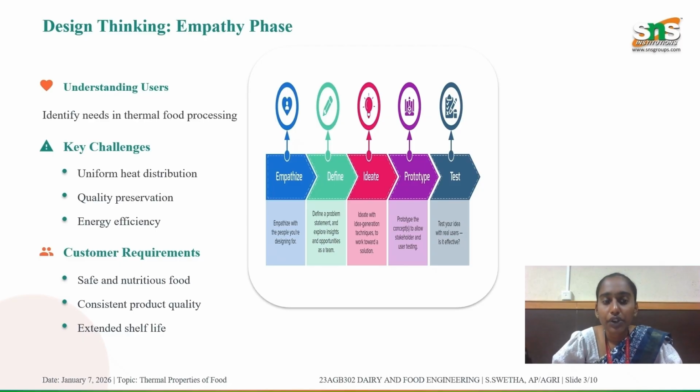And what are the customer requirements? Safe and nutritious food and consistent product quality, which is very important for brand reputation. And by using these thermal properties, we can define the shelf life extension of various food products also.